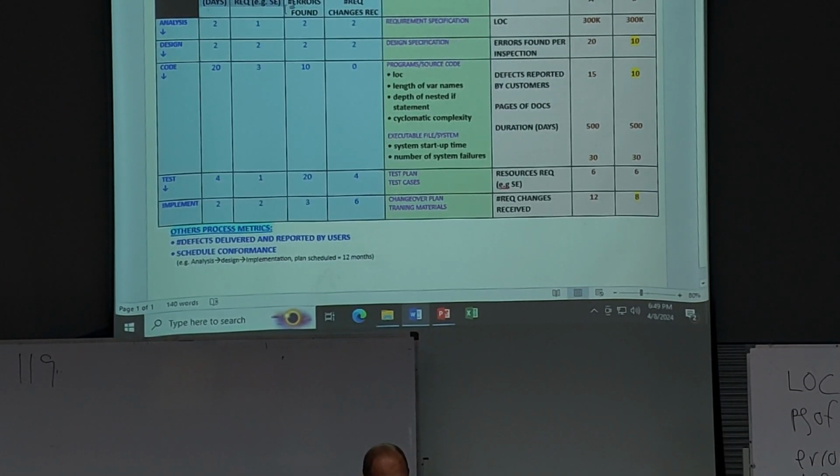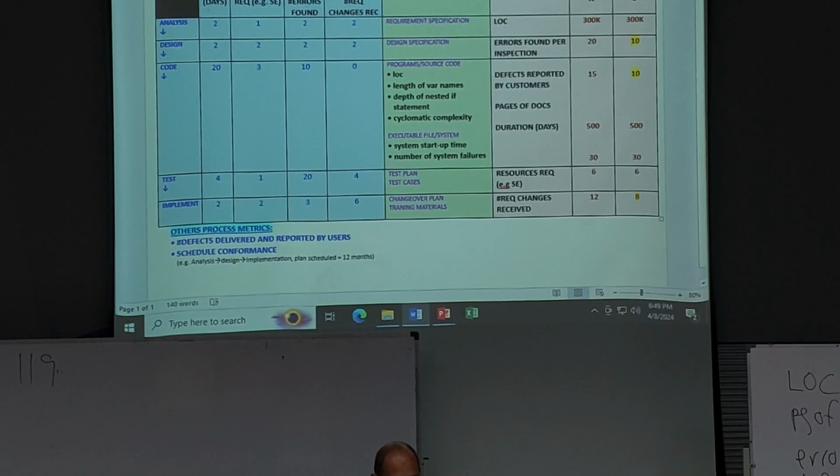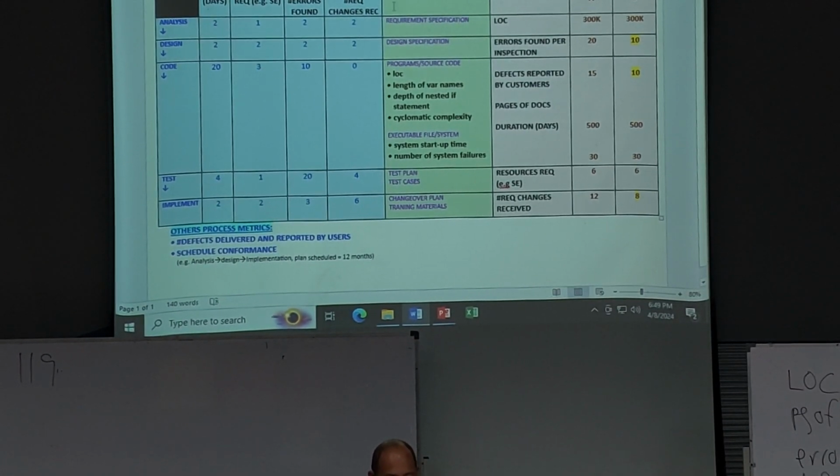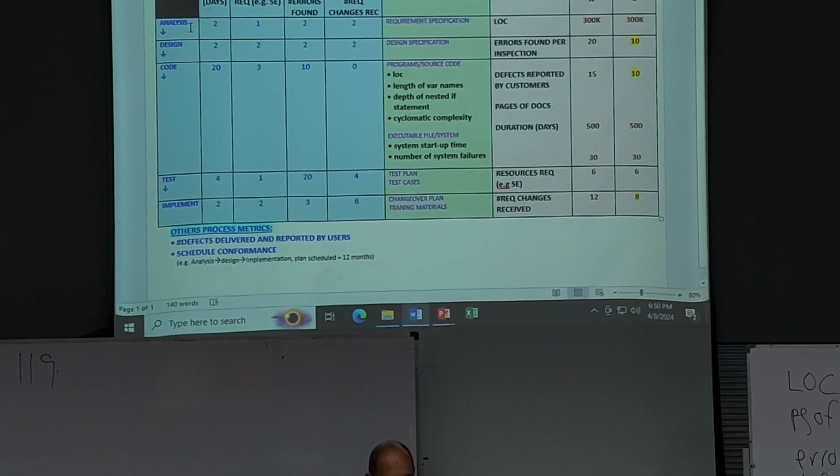The text in black means what you can measure. For process, you can measure time, resources, events. The purple color represents product. When you do analysis, the product is the requirement spec.